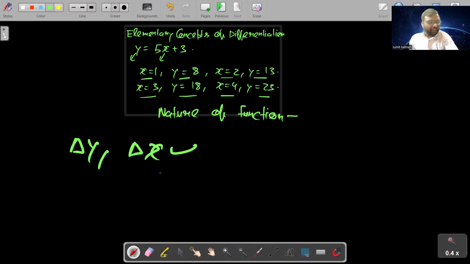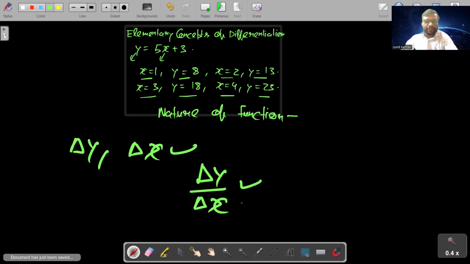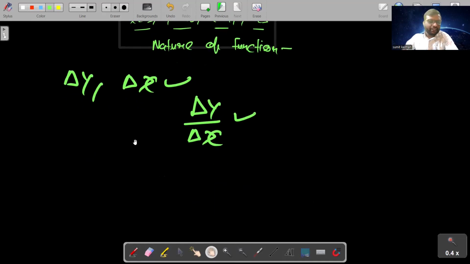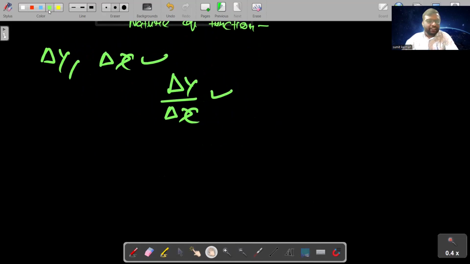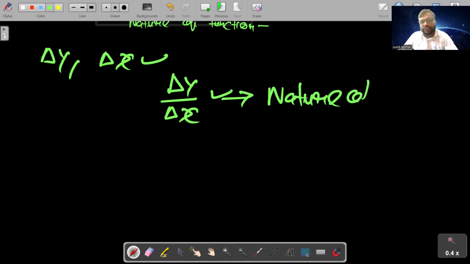Now students, the ratio of change in dependent variable, that is delta y, to the change in independent variable, that is delta x, this is delta y upon delta x. It is the ratio of change in dependent variable with respect to change in independent variable. And students, it depends on the nature of function.